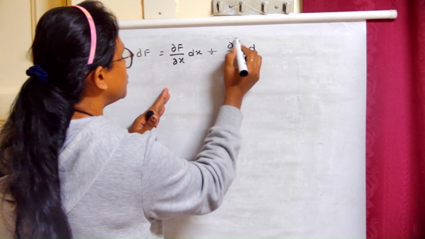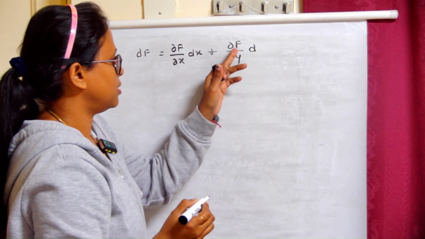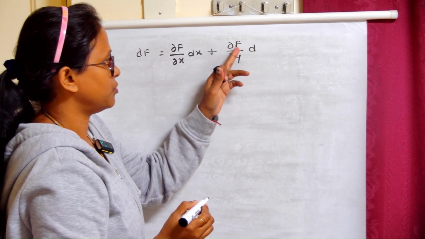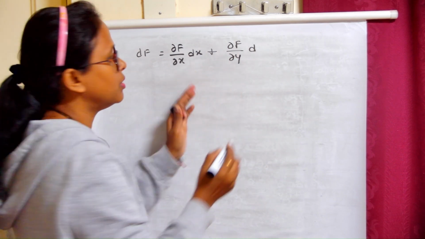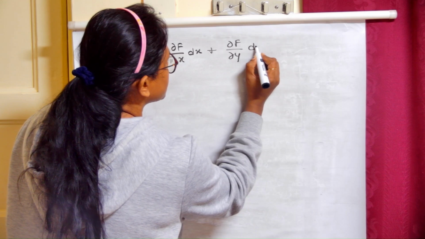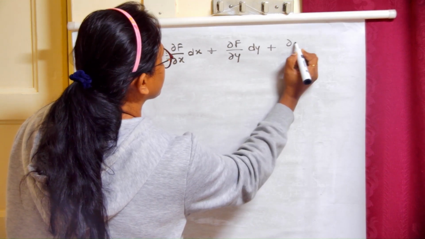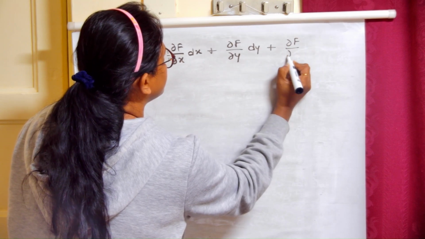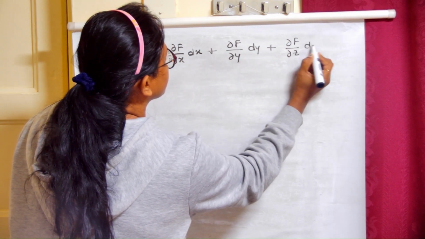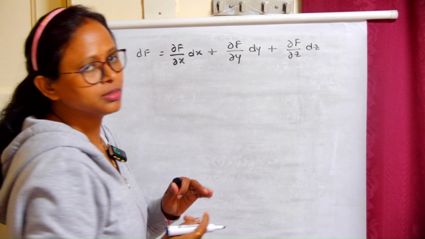This is the change happened in function f with respect to y along through the displacement dy along y direction, and dou f by dou z dz along z direction.